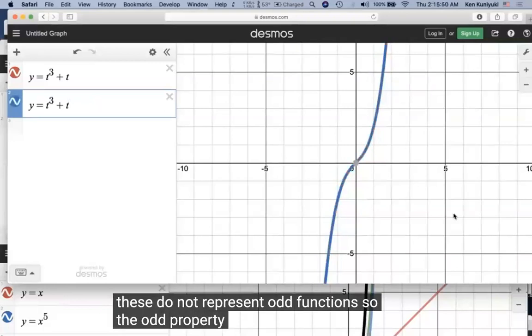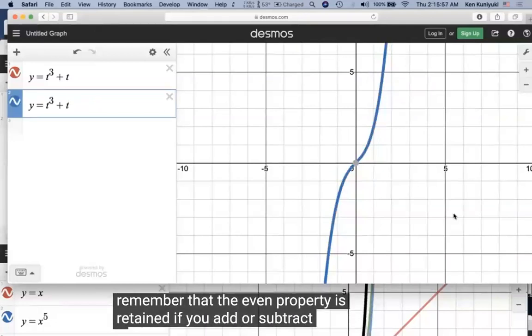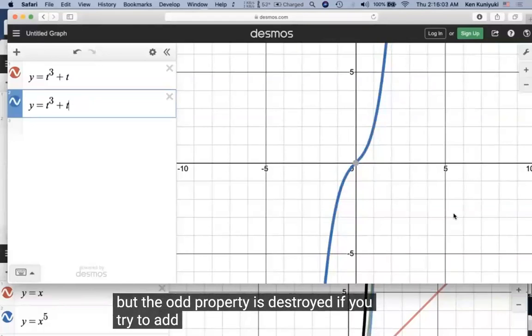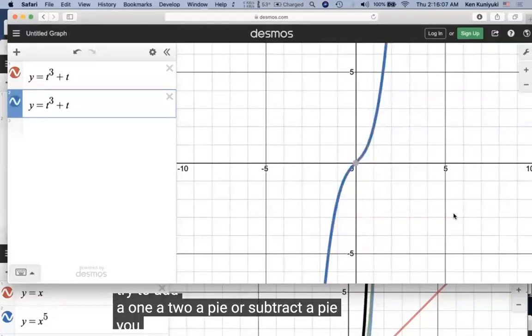So the odd property is more delicate than the even property. Remember that the even property is retained if you add or subtract a real number, 1, 2, pi, whatever. But the odd property is destroyed if you try to add a 1, a 2, a pi, or subtract a pi.